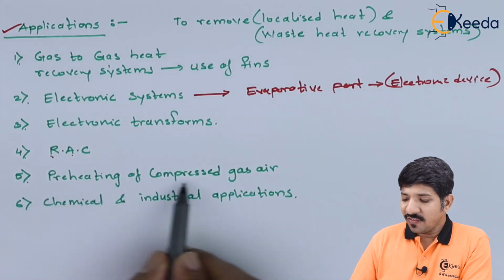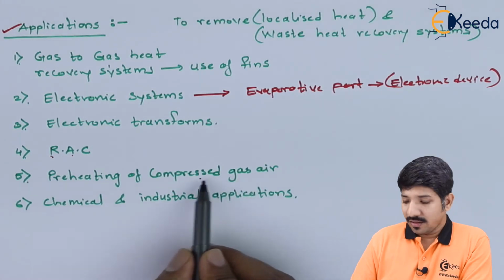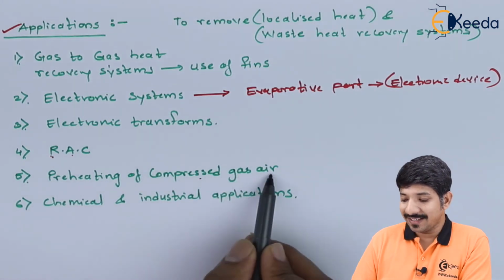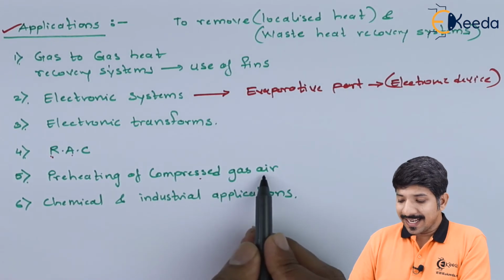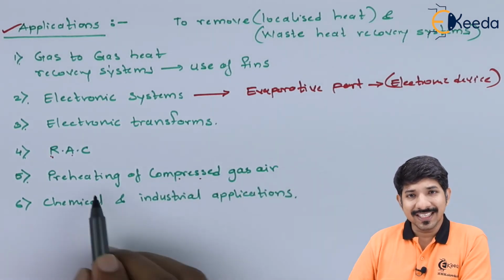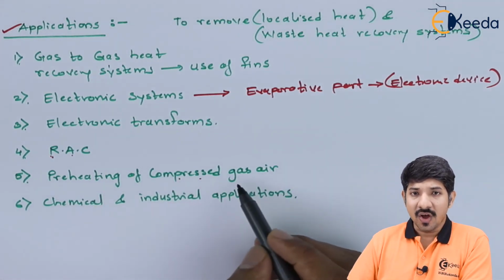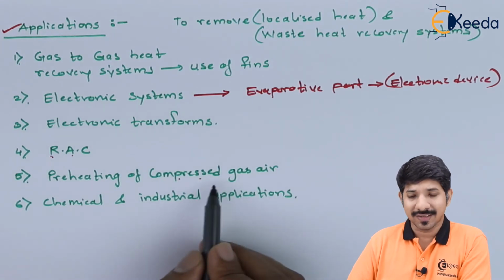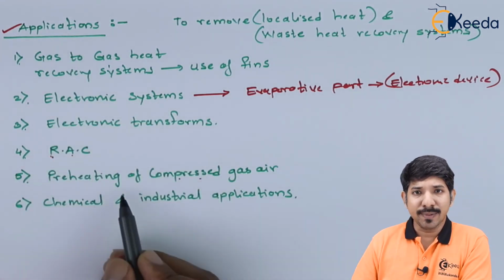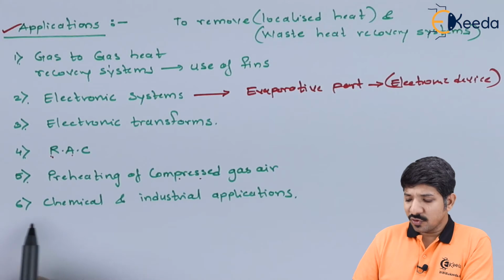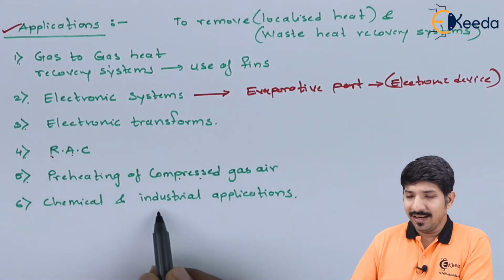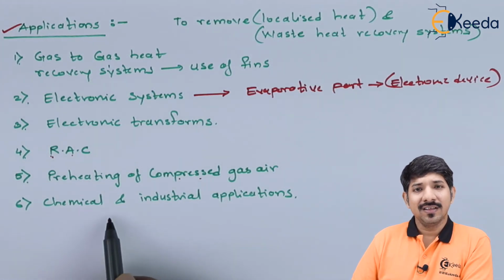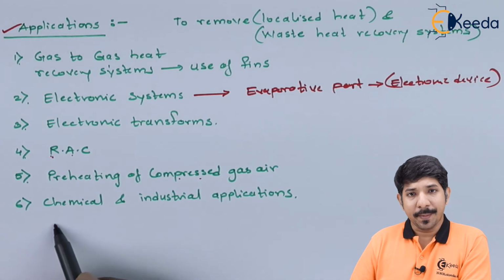Then the preheating of a compressor or preheating of compressed gas or air. The air that is compressed can be previously heated to increase the efficiency of the compressor. That can be done by the heat pipe itself. And there are many other industries, such as chemical industries, where there is an application of the heat pipe.